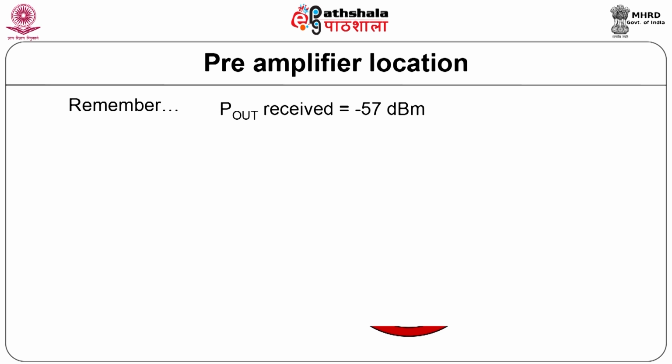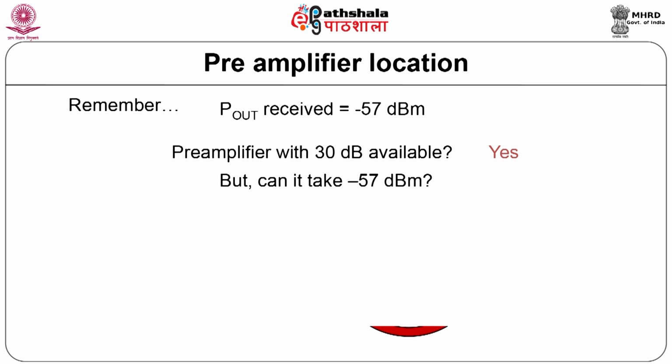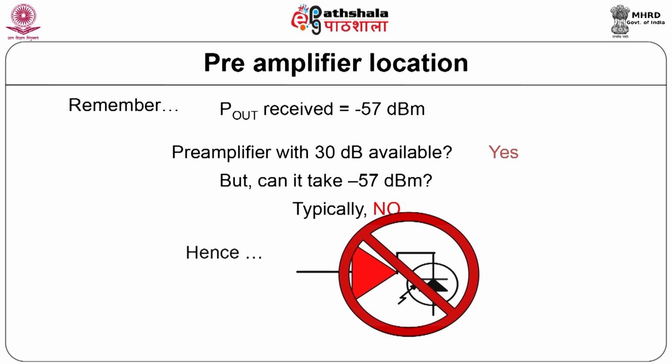Remember, P out received is equal to minus 57 dBm. Pre-amplifier with 30 dB available? Yes, it is available. But can it take minus 57 dBm? No, it cannot take. Hence, we cannot use pre-amplifier.